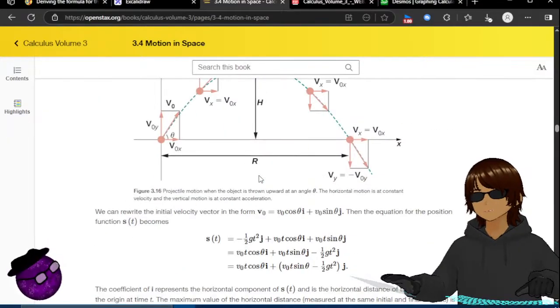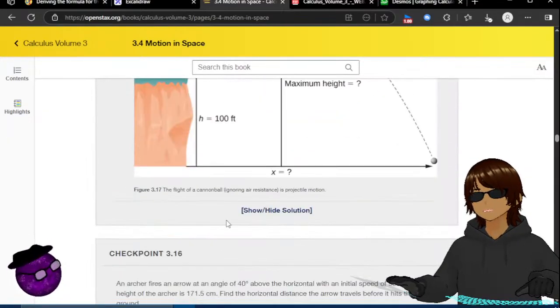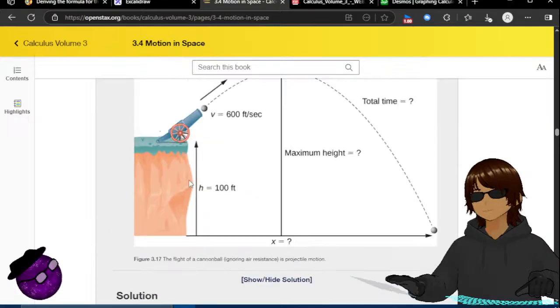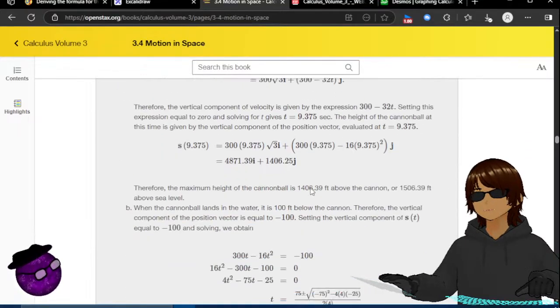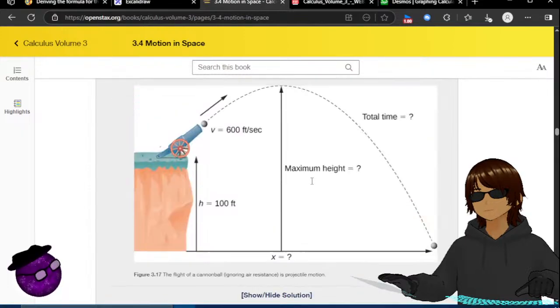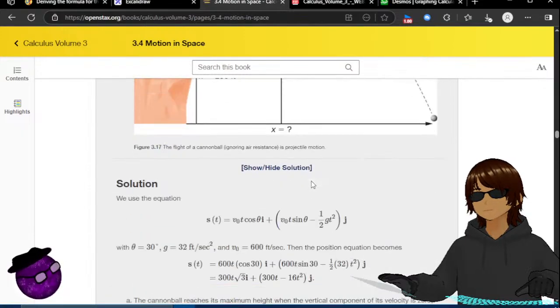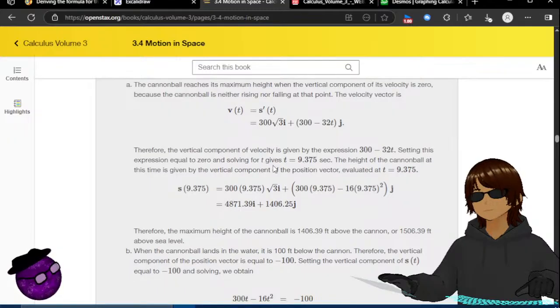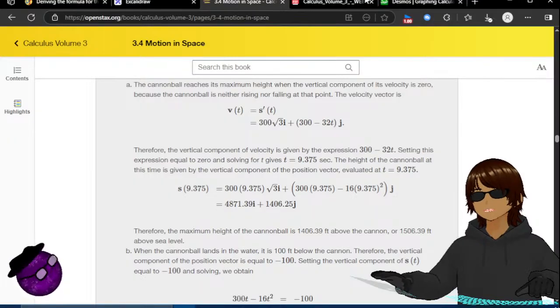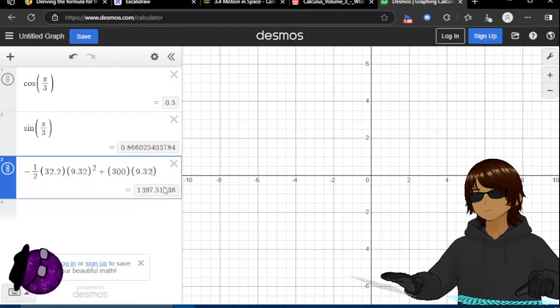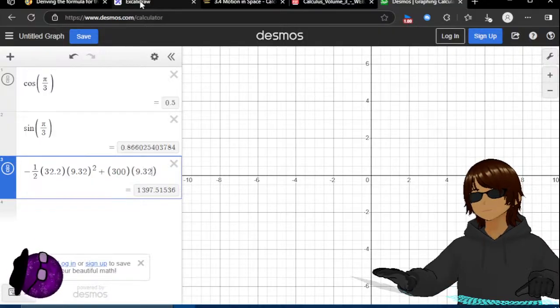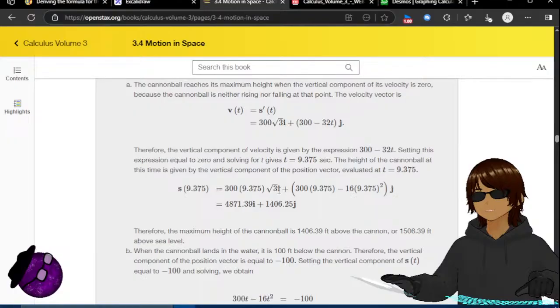Is that correct? 1,397. Well, it is in feet, right? It says 1,406. I think the 9.32, there might be minor differences.